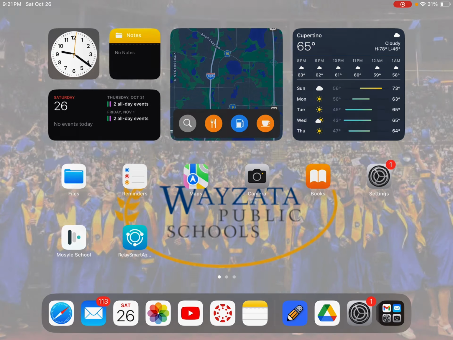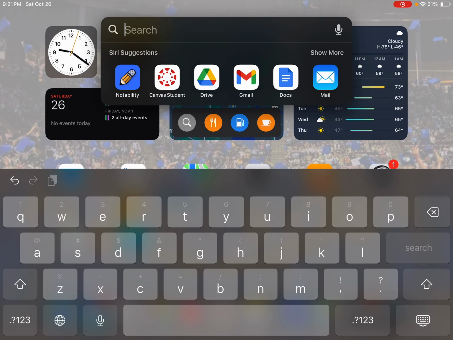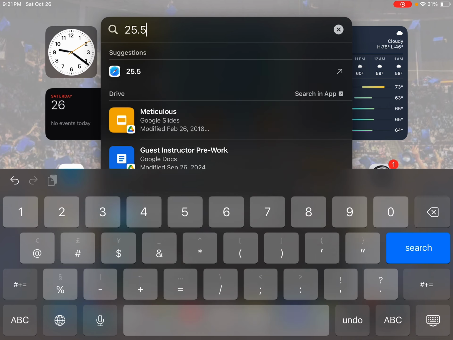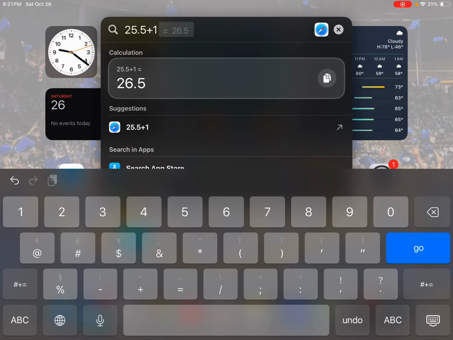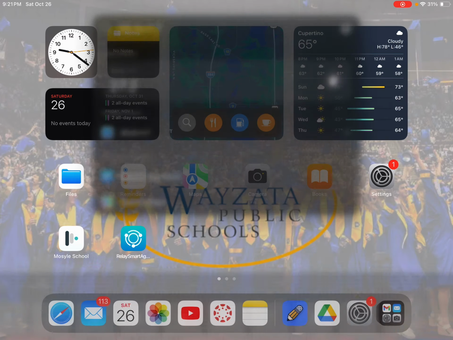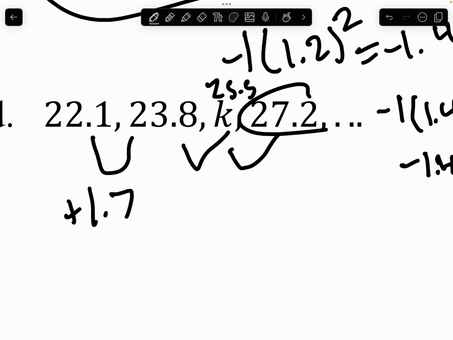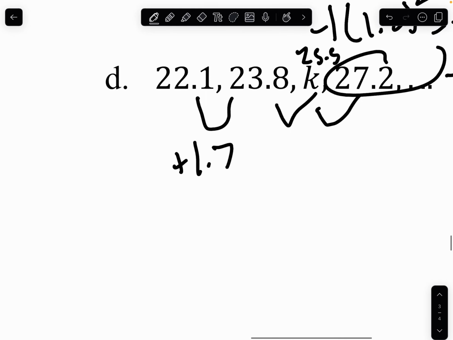Now I'll add it one more time and see if it works for the fourth term. 27.2, which is our fourth term. So I know it's adding 1.7 every time.